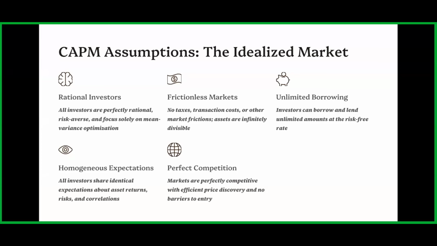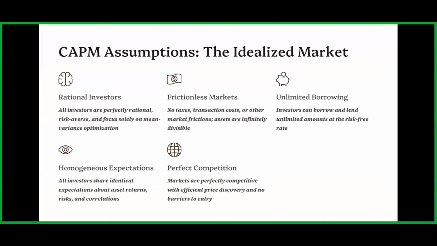Okay, the next assumption is the frictionless market. While doing the CAPM, we will not consider any taxes or transaction costs or other market frictions. That means we avoid that part. We cannot consider the impact of all these parameters while calculating the expected return. Okay, so this is an assumption.